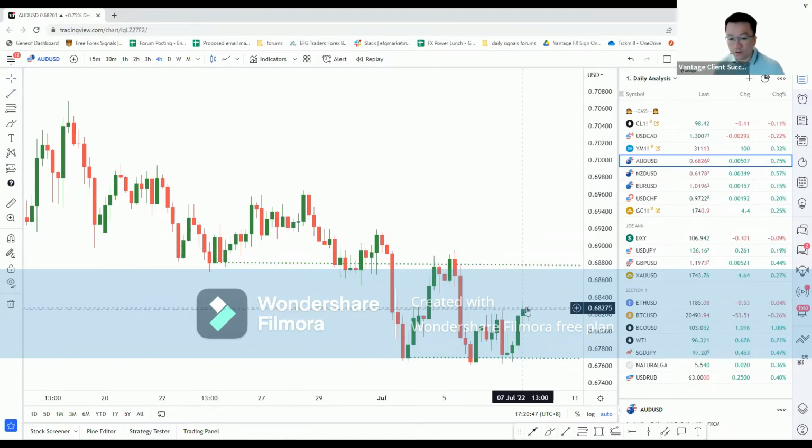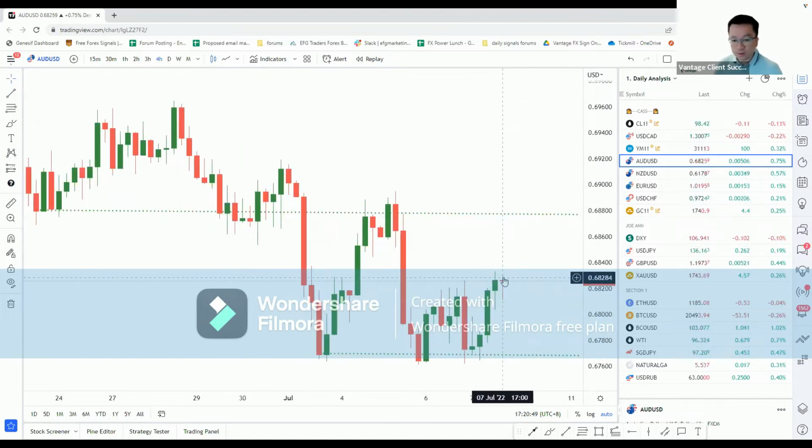Can the Aussie dollar track towards the upside, hit that 0.6877 or 0.6880 level, reject that level and turn back down towards that 0.6768 support level?